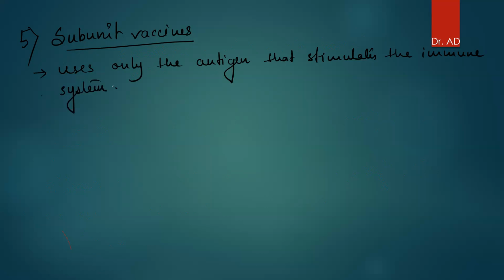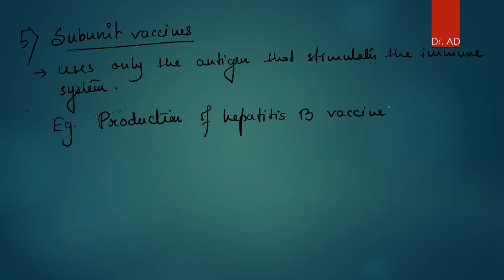Clear? Like the capsular polysaccharides. Well, if I say just one example, production of hepatitis B vaccine. Very, very important point. Production of hepatitis B vaccine. Okay.